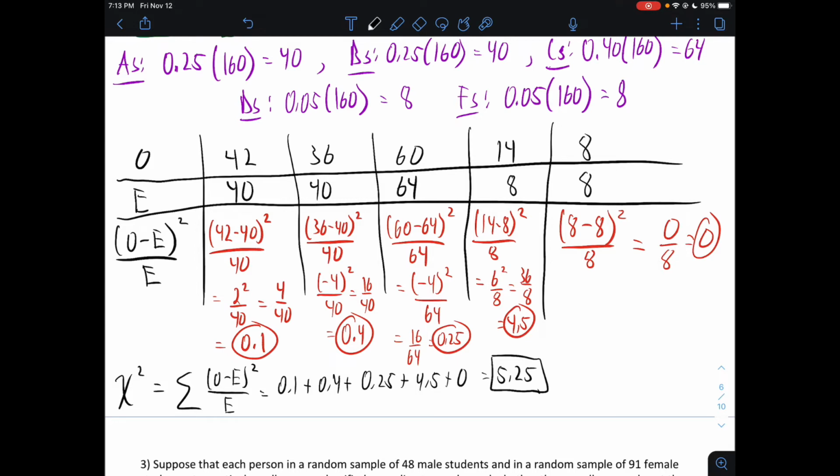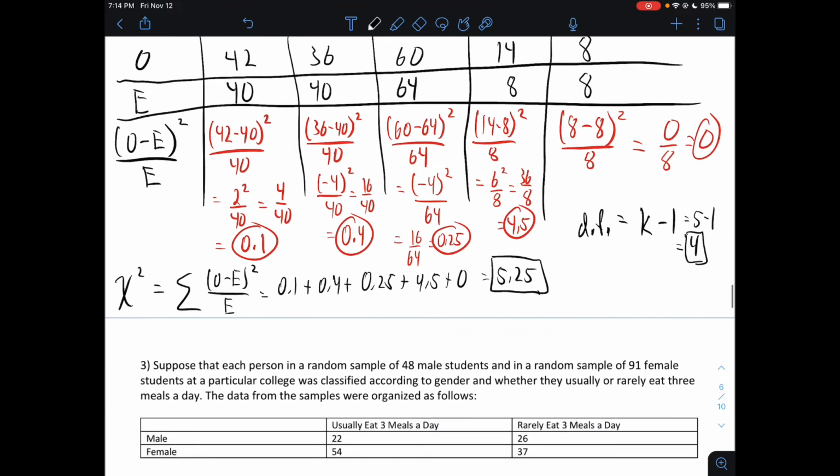We need to find the p-value, which means that we need the degrees of freedom. Degrees of freedom for our case is going to be k minus 1, which k in this case stands for how many grade possibilities are there? A, B, C, D, F. 5 of them. So in this case, it's 5 minus 1, which is 4. Which means that our p-value we can now find.